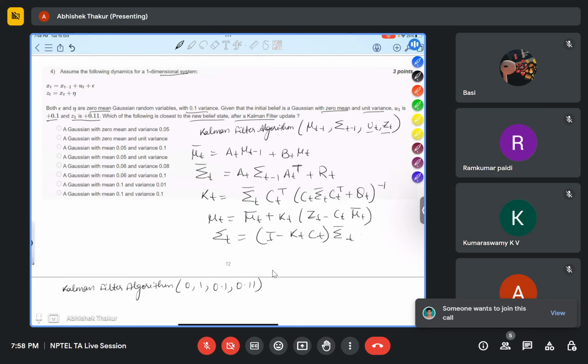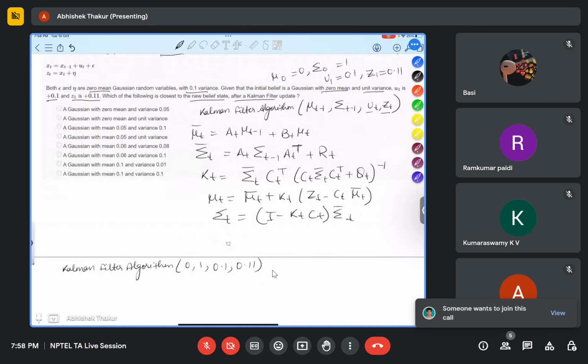Because from here mu t minus 1 is equal to 0, sigma t minus 1 is equal to 1, u_t is given as 0.1 and that is u1. Here we can write directly mu 0 is 0, sigma 0 is 1, u1 is 0.1 and z1 is given as 0.11. Okay, so now we'll substitute all these values.